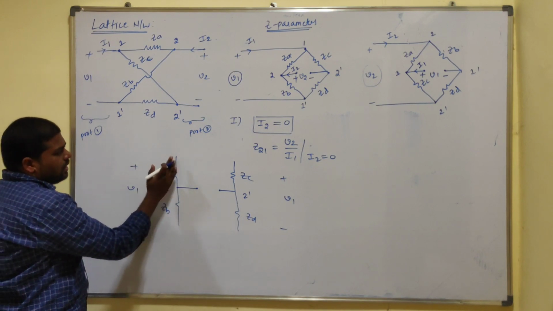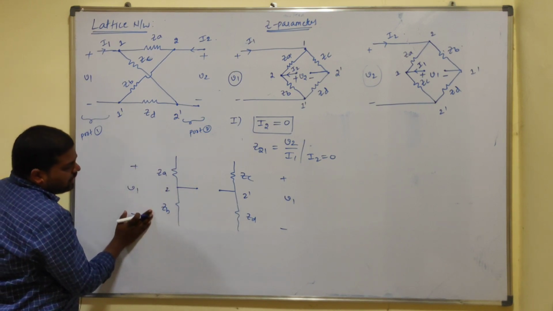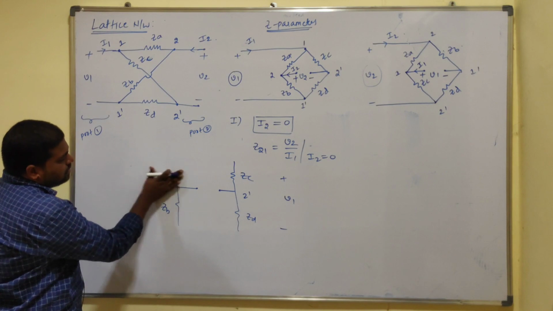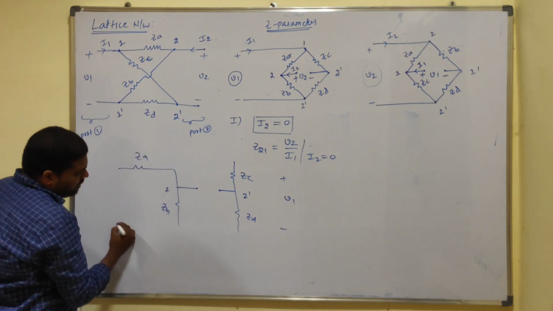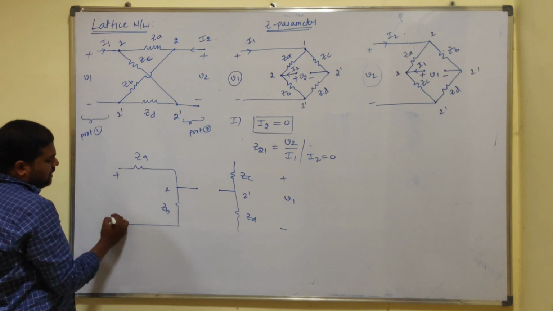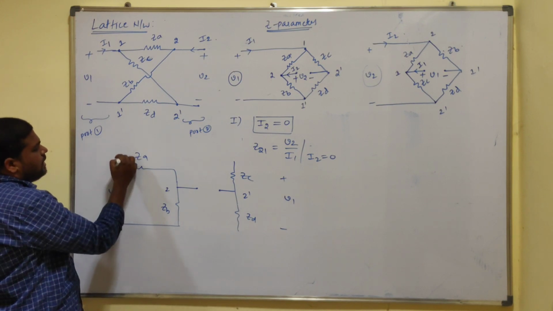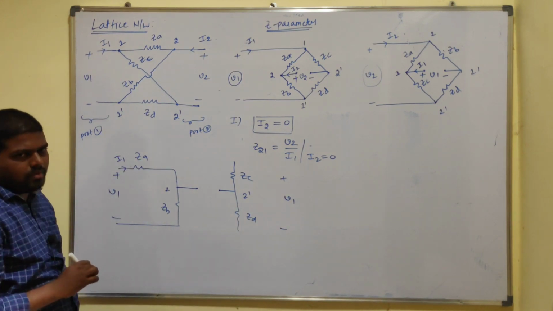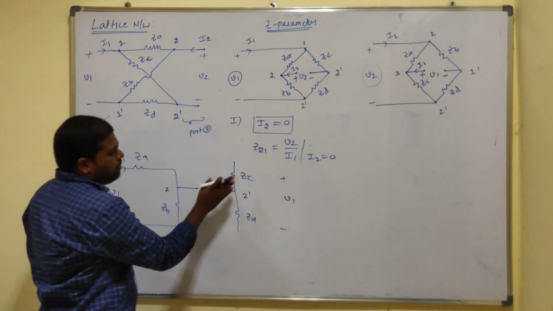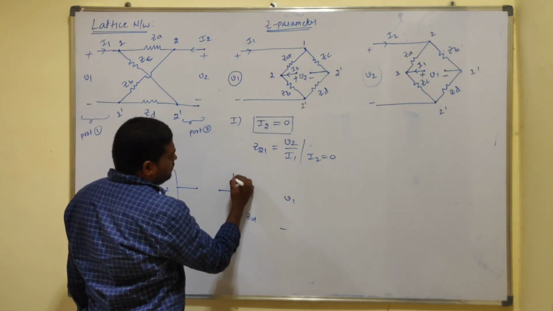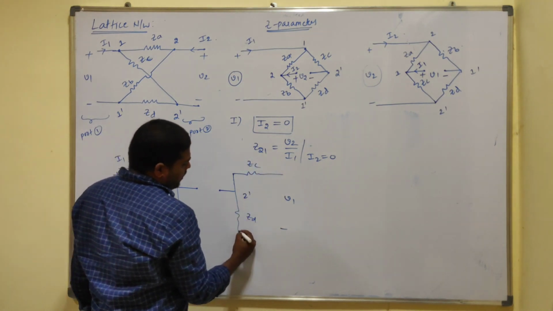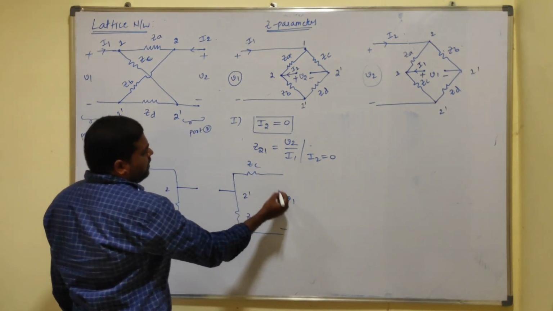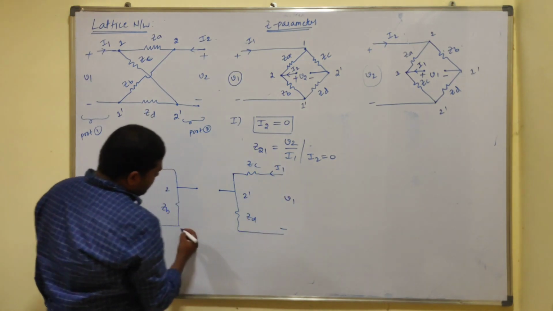Now, I can slightly change this network. This is ZA, this is my network. So here we have V1, and here I have the I1 variable, right? And in the same way this should be converted to, this is ZC and ZD. So here V1 and I1 current, right?